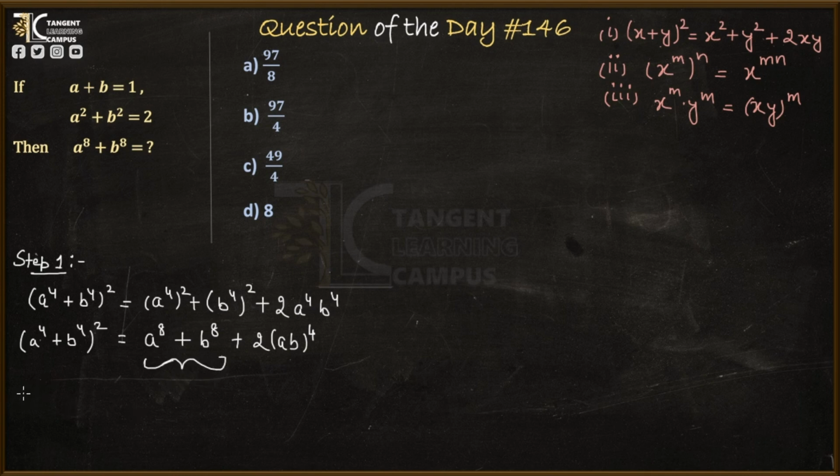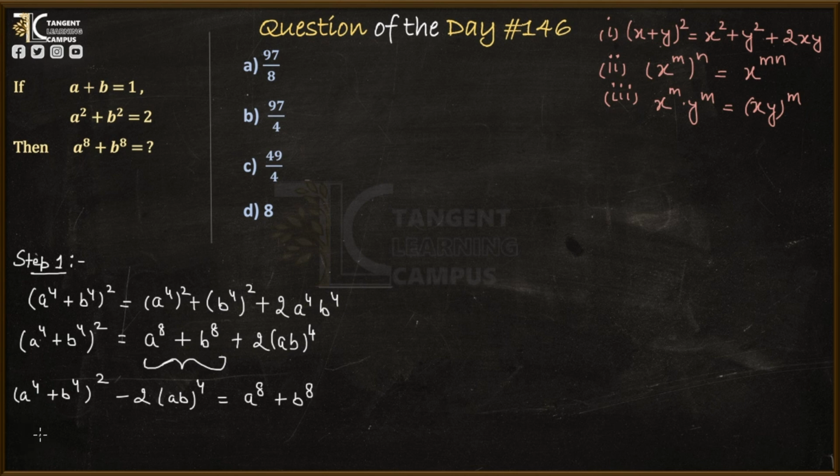So now we can write down a to the power 4 plus b to the power 4 whole square, and we can take this 2 times ab raised to the power 4 to the left hand side, so it becomes negative of 2 times ab to the power 4. This is equal to a to the power 8 plus b to the power 8.